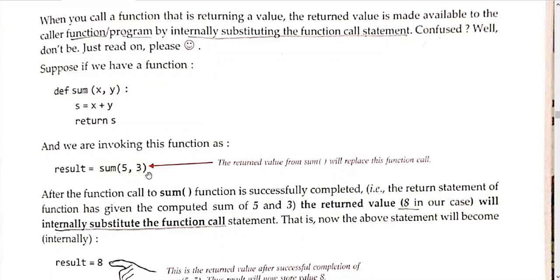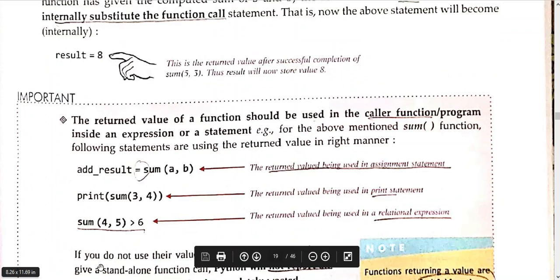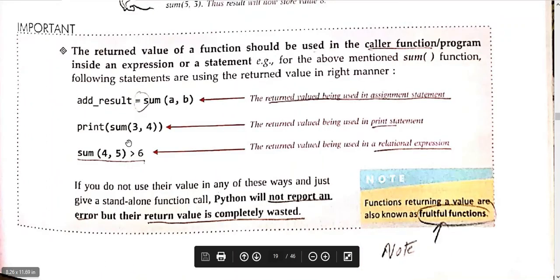When the function call sum(5, 3) is encountered in the program, it will take you to the function definition. 5 and 3 will be passed here, so s will calculate it as 8 and return 8. This 8 will be returned here and result will get 8 as the answer, so it will print it.